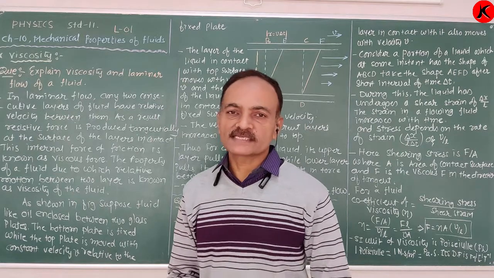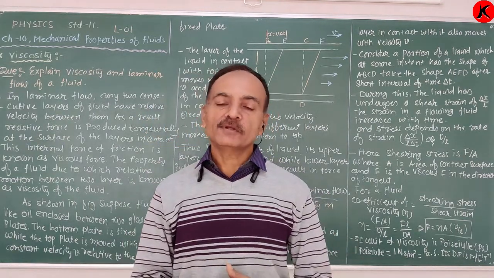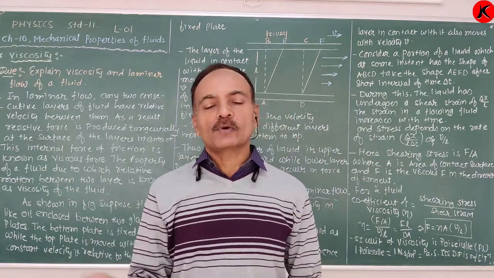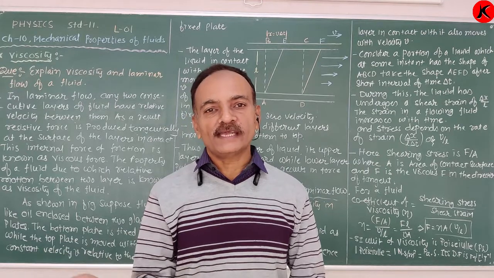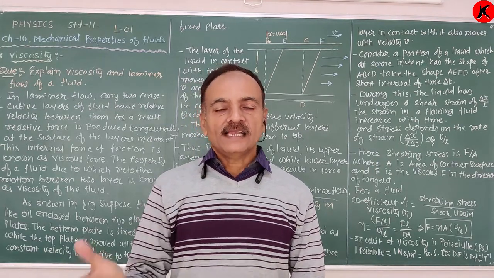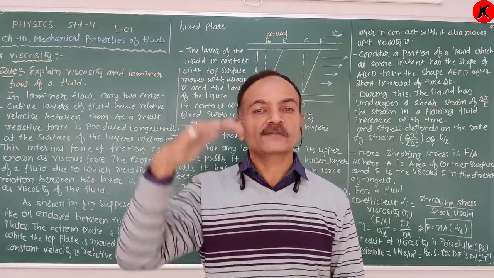Also in the summer season, for the water flowing in a river, we know that the upper layer has more velocity compared to the layer of water in contact with the bottom of the river. The layer in contact with the bottom has less velocity compared to the top.